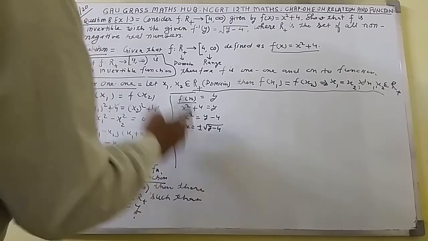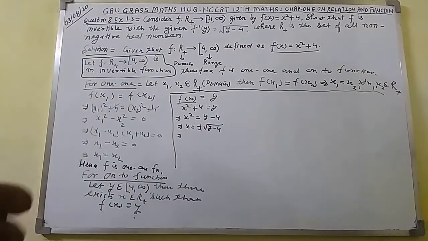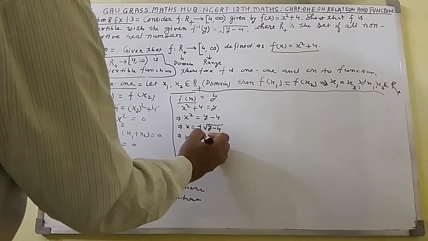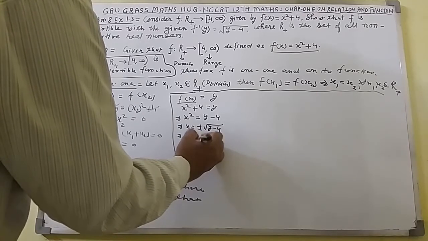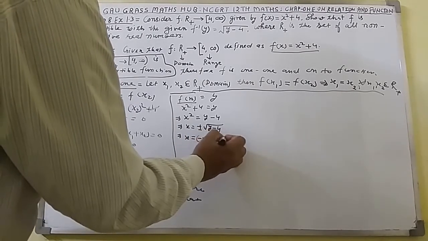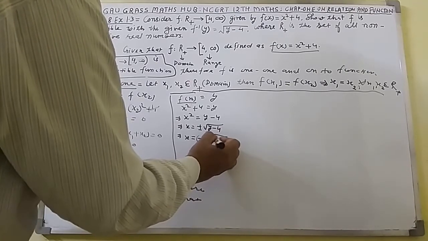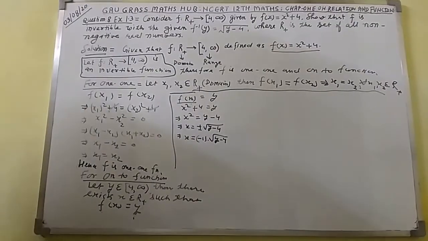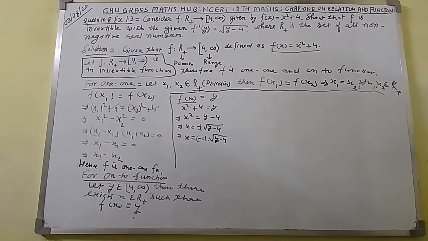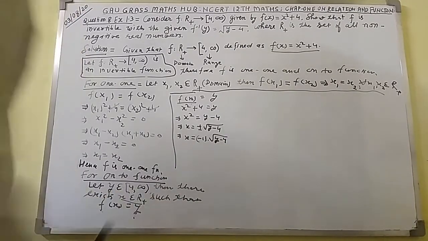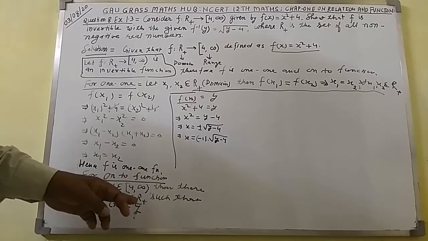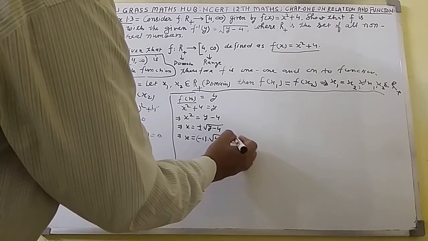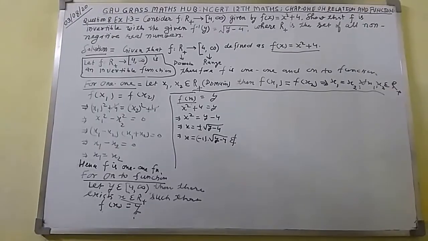So once I shall take the value of x negative, so if I take here x equal to minus 1 in bracket under root y minus 4, here you can see, x belong to, from this place, x belong to the set of positive real numbers. So x can't belong to this value.